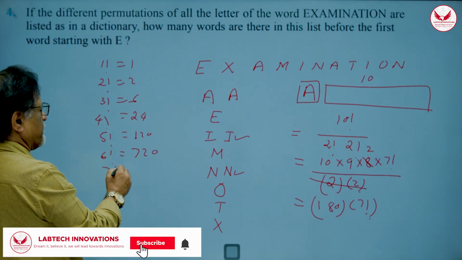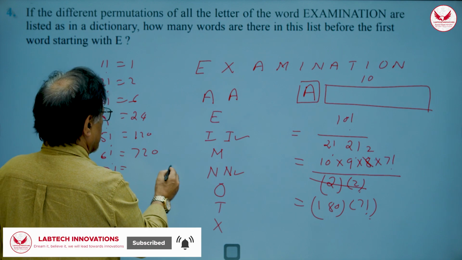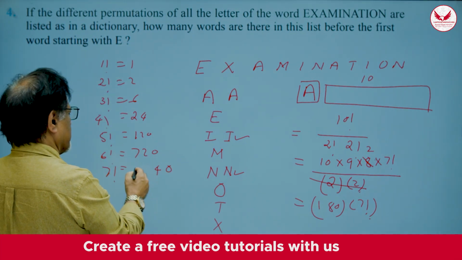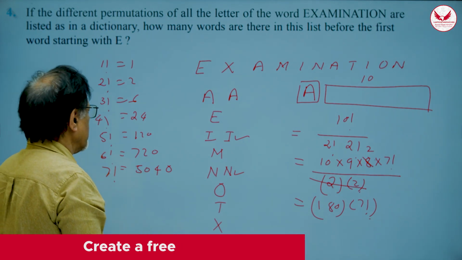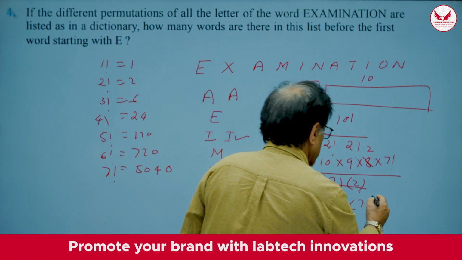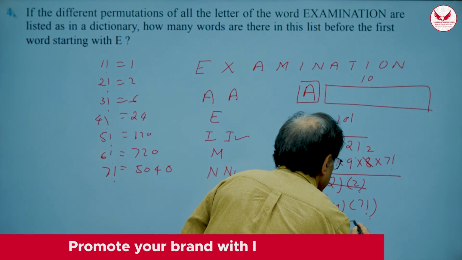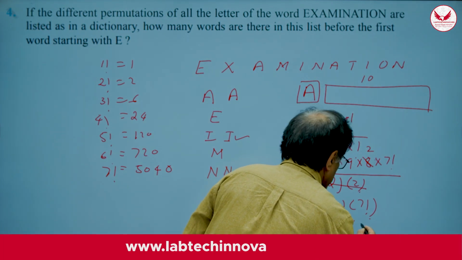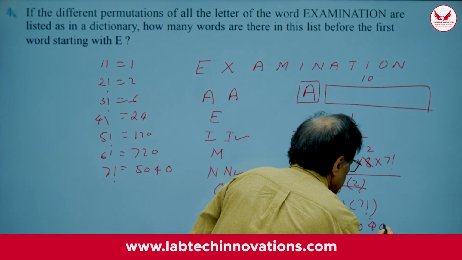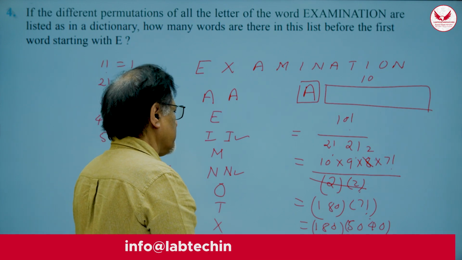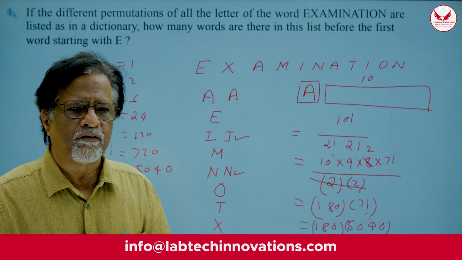And now comes 7 factorial: you multiply by 7. 7 twos are 14, carry 1; 7 sevens are 49, so it is 5040. So this is 180 multiplied by 5040, and this will give you the answer of the problem.